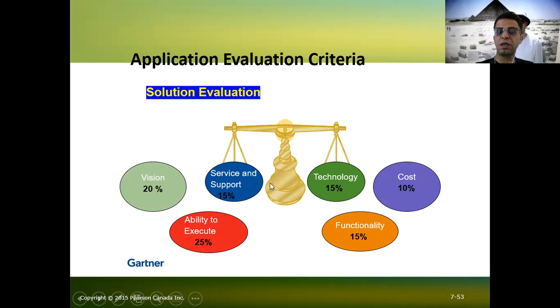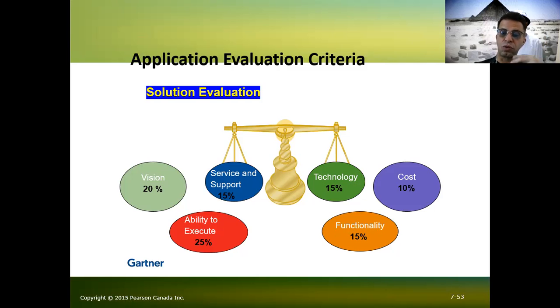If you score 80% out of the cost, it means you got 8 marks out of 10. Functionalities, it's the same thing. You rate each company, each software, or each solution according to functionalities and how much it's worth out of 50% of your mark, and you multiply them and add them together.